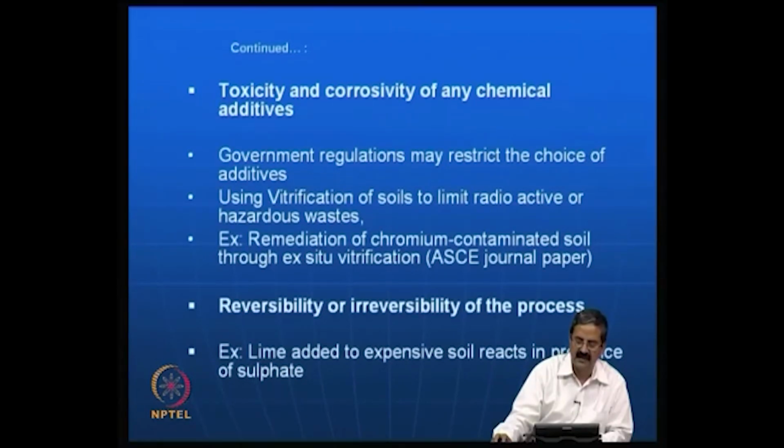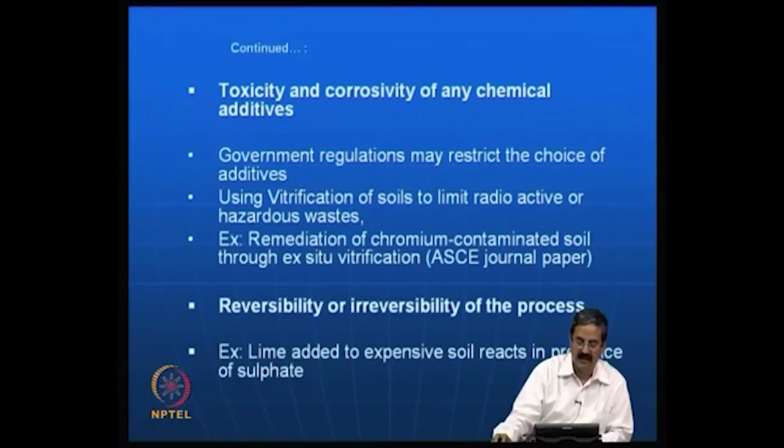So, sometimes we do not know what type of additives we should use in those adverse chemical environments. If you add some chemicals, the problem is that we do not know the chemical reactions, that may lead to a lot of problems. So, it is better that one needs to understand the chemistry of the soil, as well as the toxicity and the corrosivity of the additives that we are going to use, so that the problem is not there.